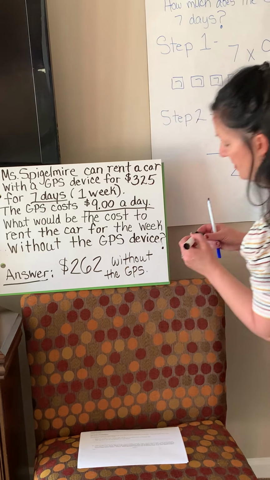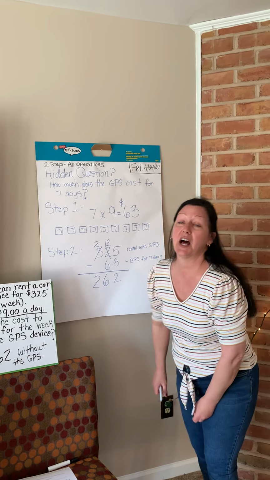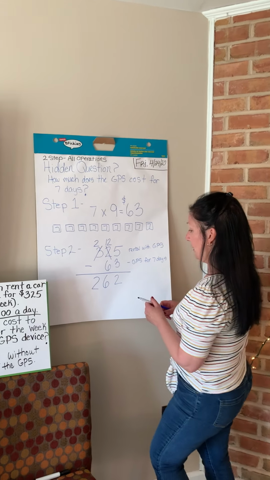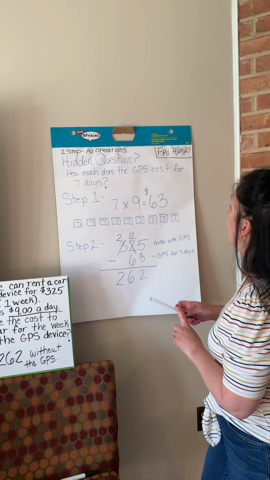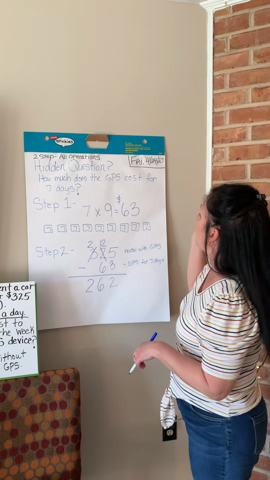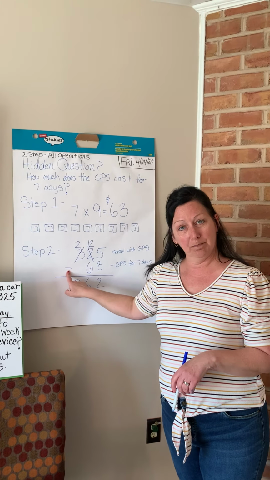And I'll tell you, if Miss Spiegelmeier was taking me with her on the trip, that $63 would buy us a nice dinner, wouldn't it? Okay, so there we go. So what 2 operations did we use in this problem? We used multiplication and subtraction.